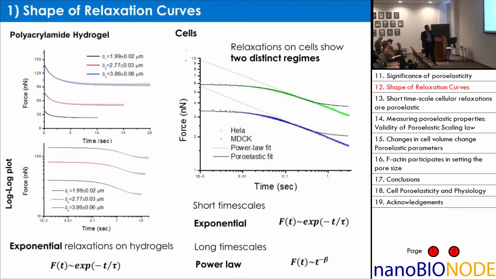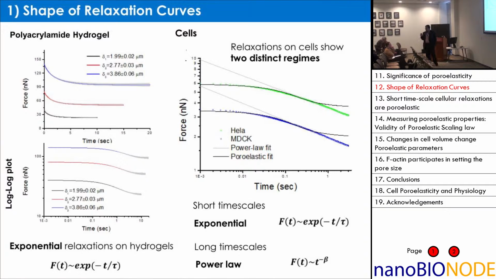The second important and nice characterization of poroelastic material: if you do indentation on polyacrylamide hydrogel with different depths, and then normalize the force with respect to the final force, you won't have the collapse of the curves onto a single curve.